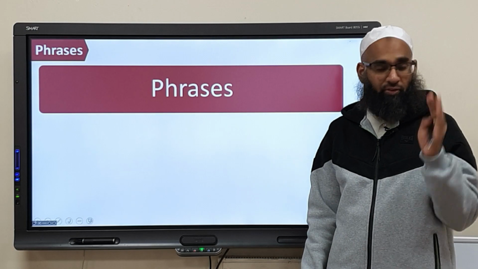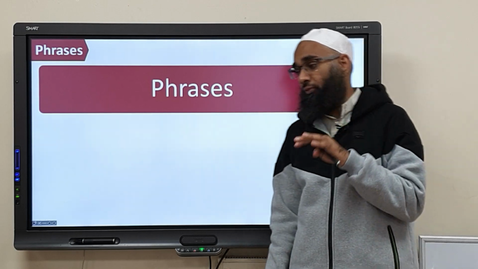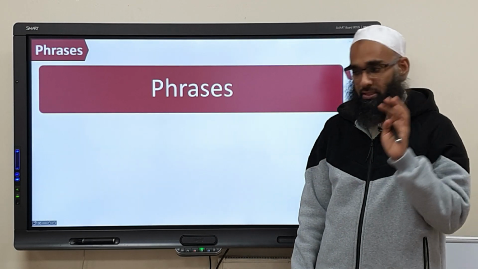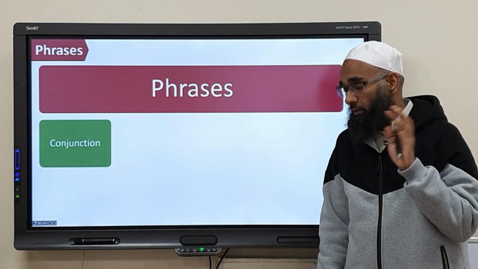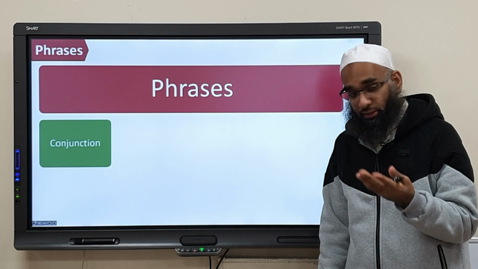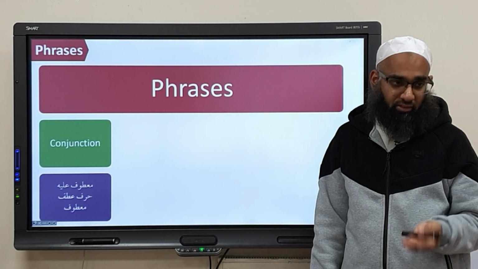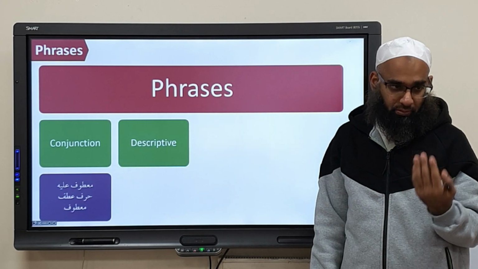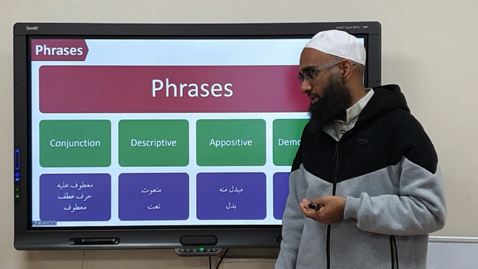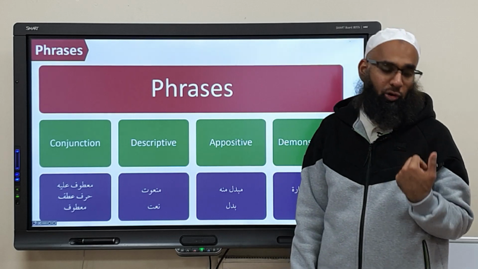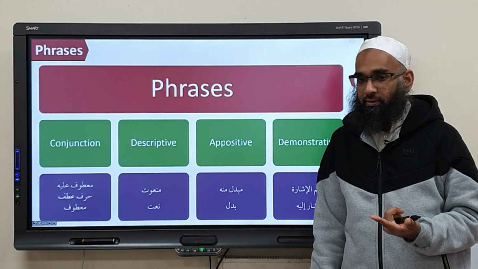So again, phrases are extensions of nouns. They take the same slots as nouns. Okay? Conjunction: ma'tufun alayh, harfu atf, ma'tuf. Descriptive is man'ut, not. A positive is mubdal minhu badal. And the demonstrative phrase is ismul ishara musharun ilayh. How do you recognize a conjunctive phrase?